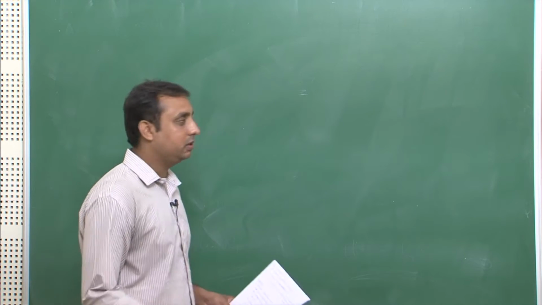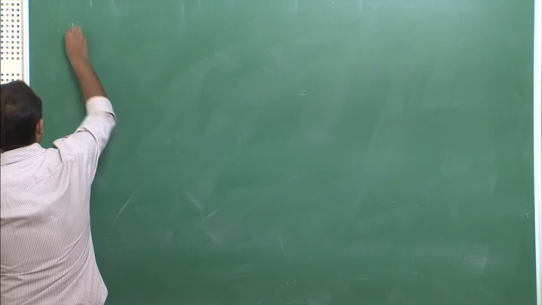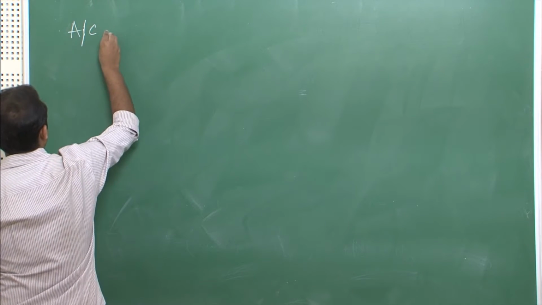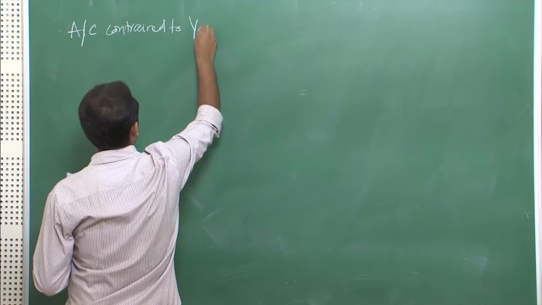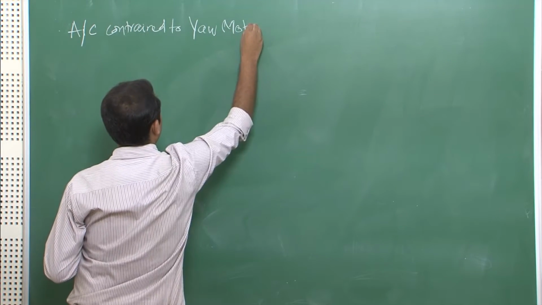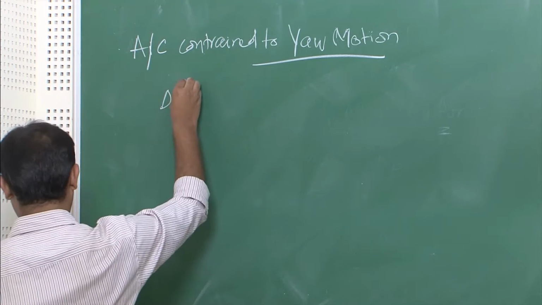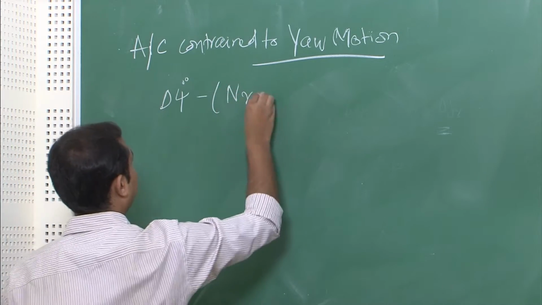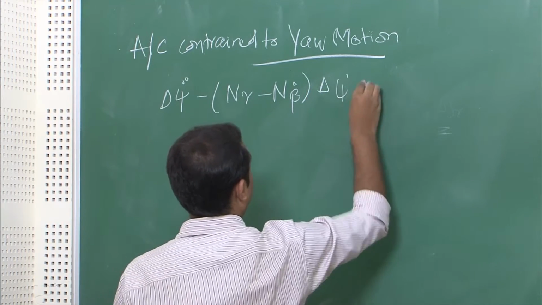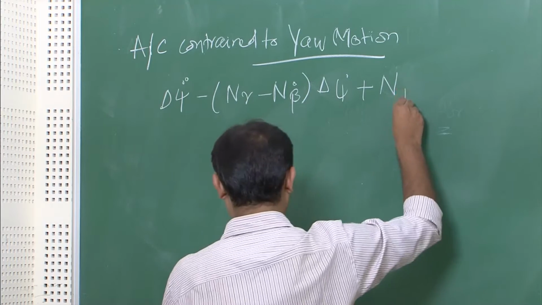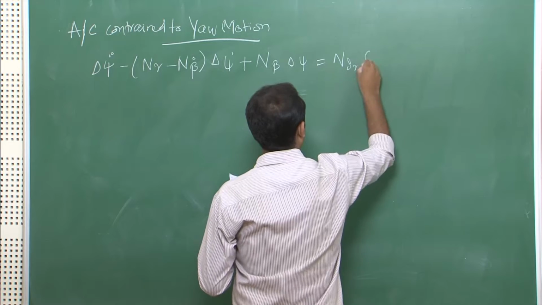For an aircraft which is constrained to yaw motion, as you have already derived, the differential equation was given by delta psi double dot minus (nr minus n beta dot) delta psi dot plus n beta delta psi equals to n delta r delta r.